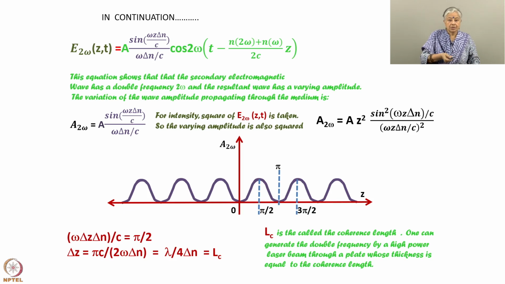So, here it is, E2omega(z,t) is equal to this term. I have just taken out the sine term here and I have kept the cos term here. So, this term, as you can see, has a t and a z. So, it is a travelling wave going along the z axis, and this total term is the amplitude.